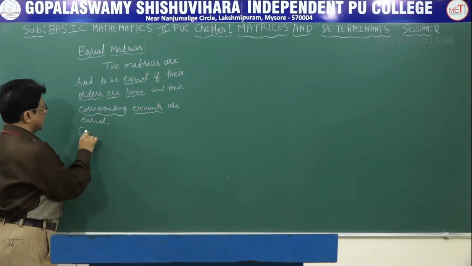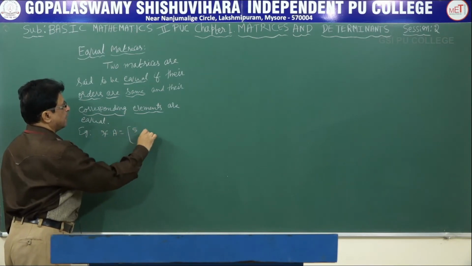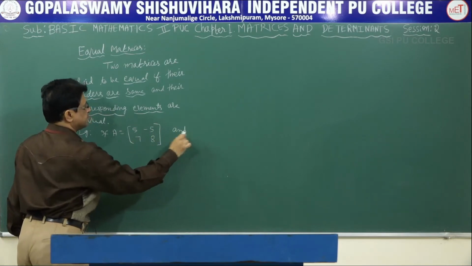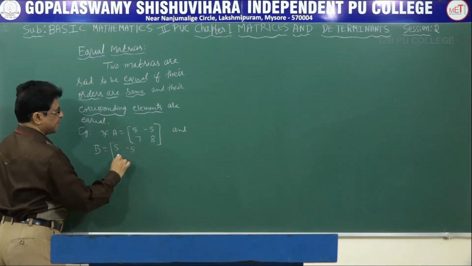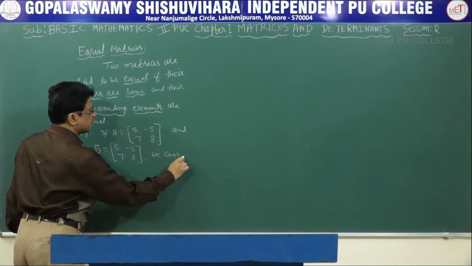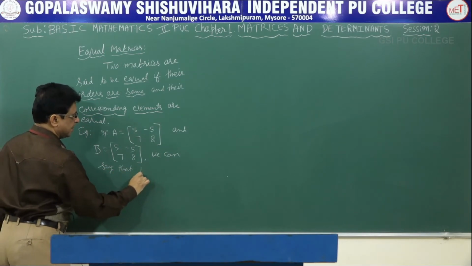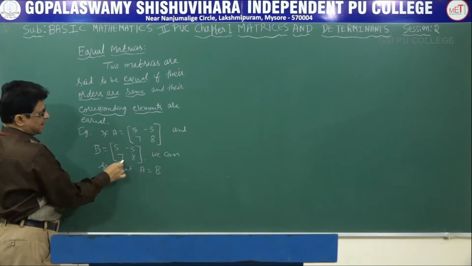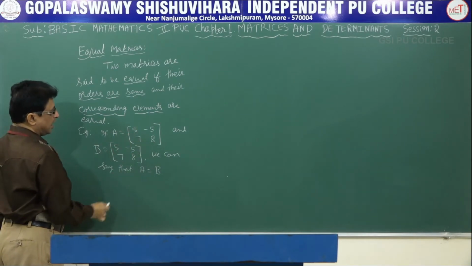Example, if A equals 5, -5, 7, 8 and B equals 5, -5, 7, 8, we can say that A equals B because the orders of both the matrices are same and also the corresponding elements are equal.